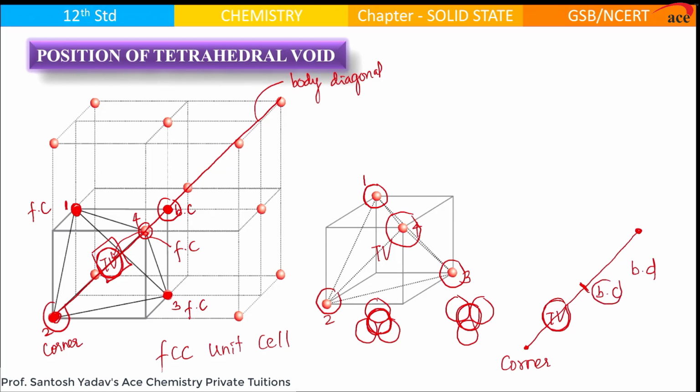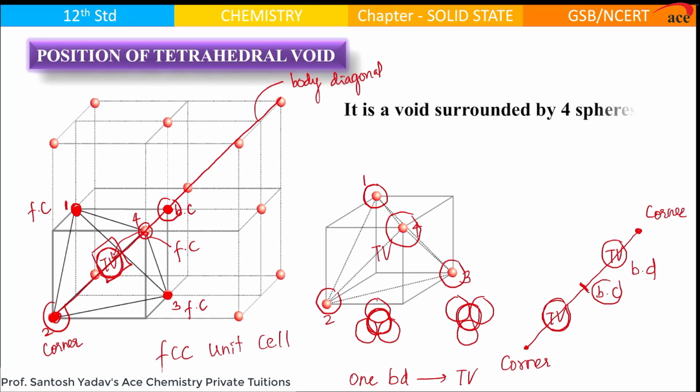So between body center and corner, the empty space is called which void? Tetrahedral void. That means one body diagonal will have 2 tetrahedral voids. It is a void surrounded by 4 spheres, therefore the coordination number is 4.